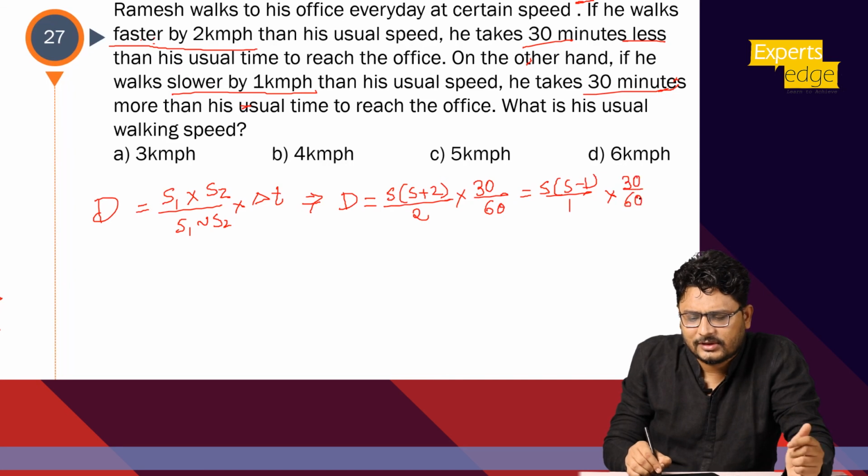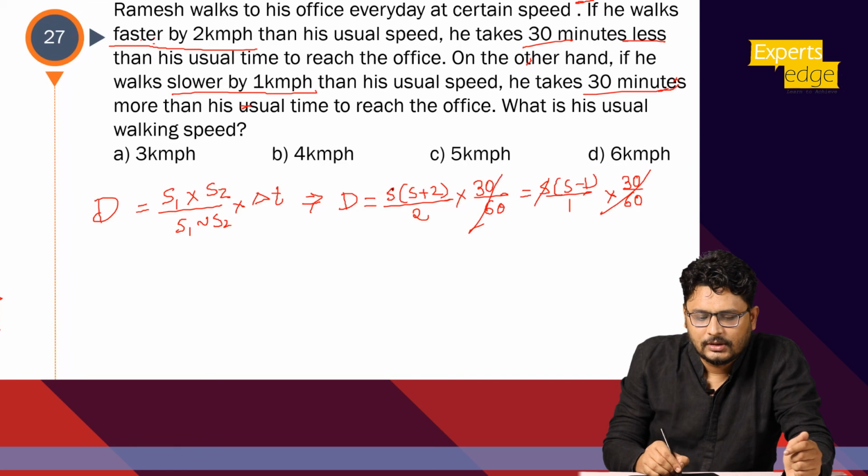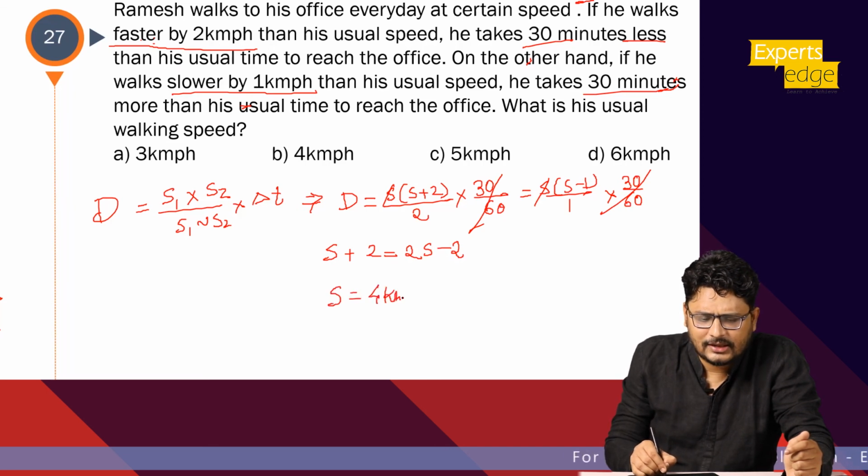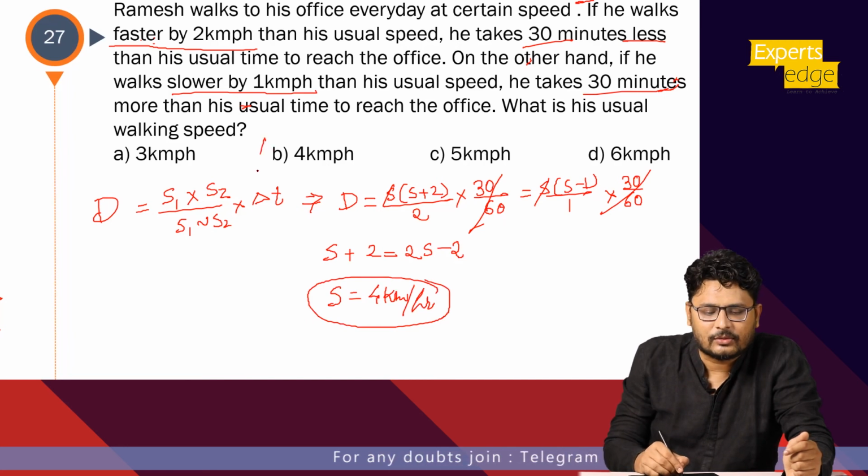So अच्छा, same ही चीज हो गई वापस से, right? 30 by 60 gone, s is gone. So how much it will be now? s plus 2 should be equal to 2s minus 2, right? So basically s comes out to be 4, and I think he's asking s only, right? So speed is 4 kilometer per hour, so answer should be second option.